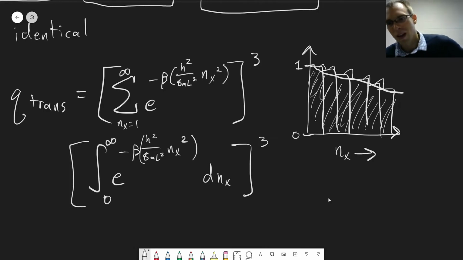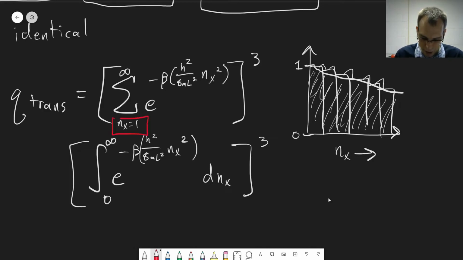The final approximation we have to make, which makes a very, very small difference for the translational partition function and is essentially negligible, is that in the sum we add up starting at 1, and it's a lot easier to evaluate this integral if we start at 0. That has a specific known solution if it starts at 0 instead of 1. So that's another very small change. We're essentially adding an extra bar back here.